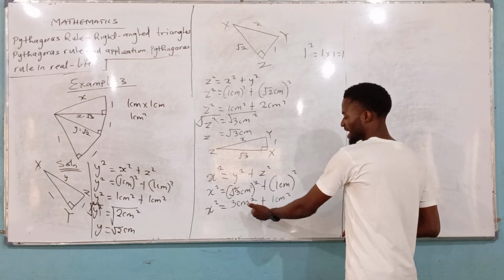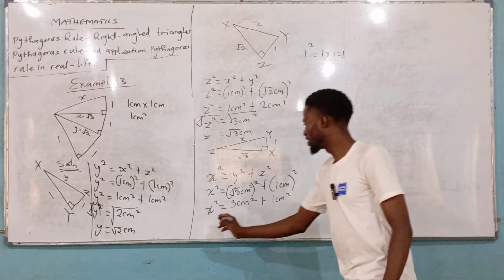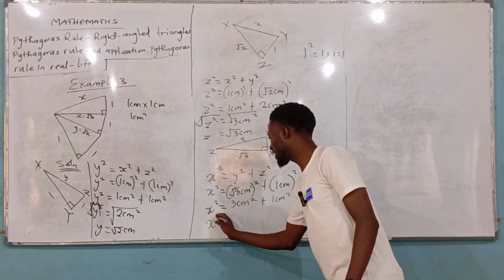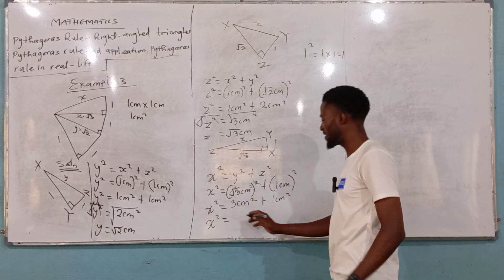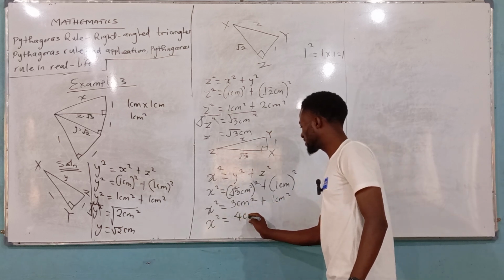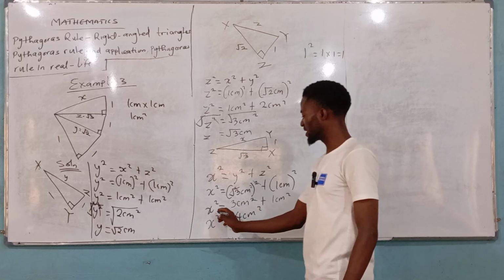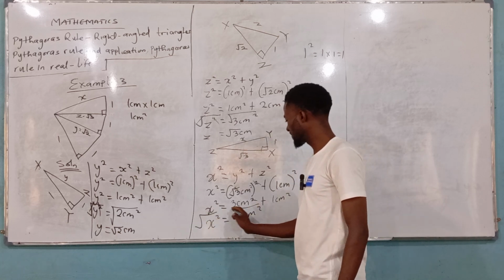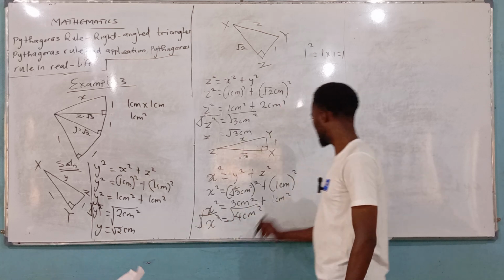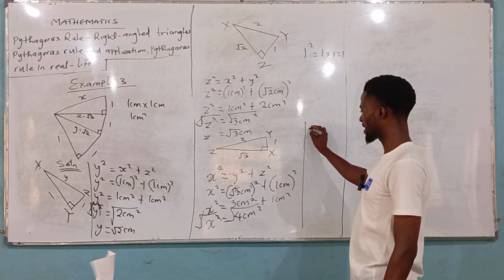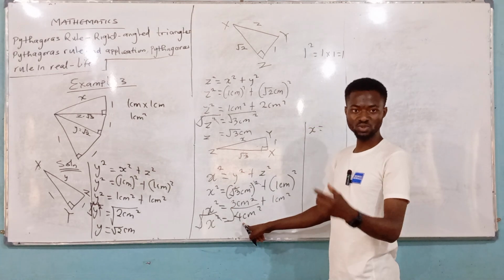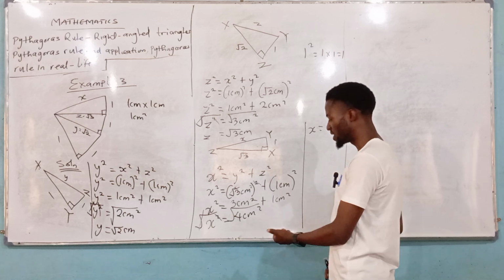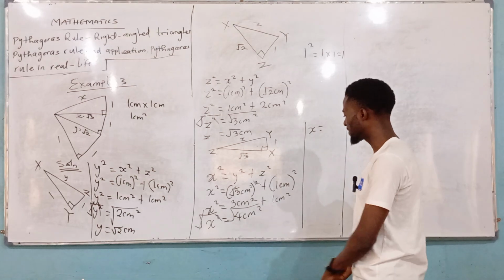At this stage you know the square only lies on the centimeter. So x² is equal to, adding both, 4 centimeter squared. Now take the square root of both sides, and we are left with x is equal to, 4 is a perfect square because 2 times 2 gives you 4, a number multiplying itself gives you a perfect square.